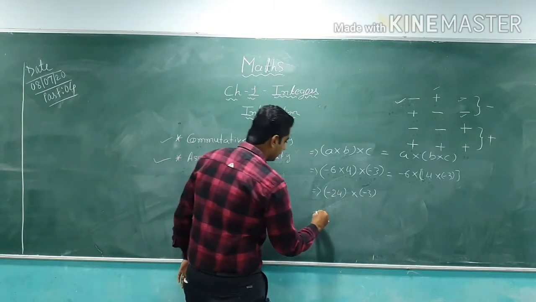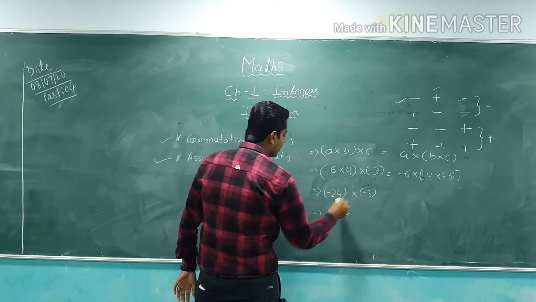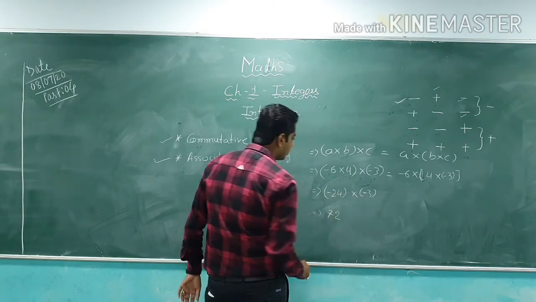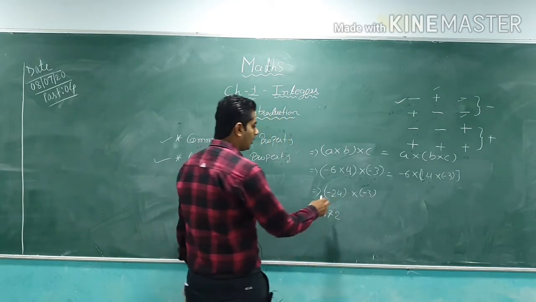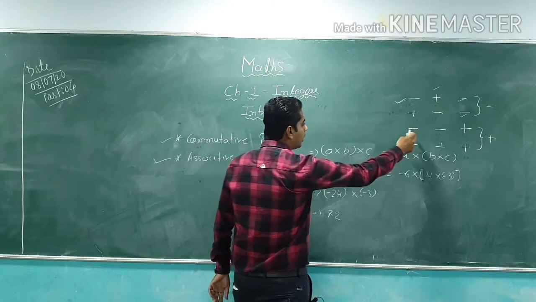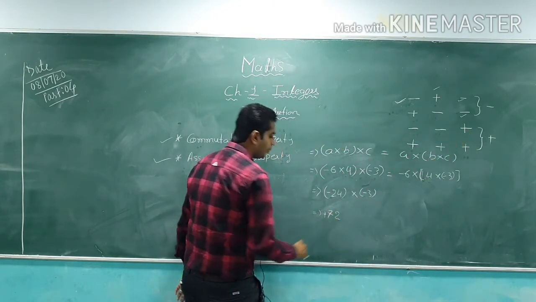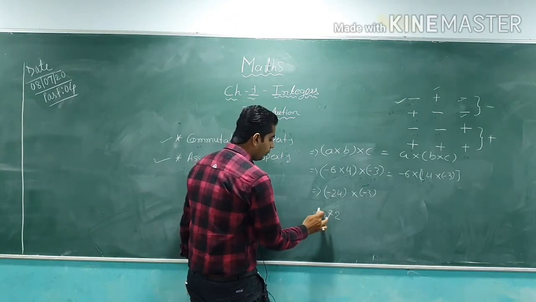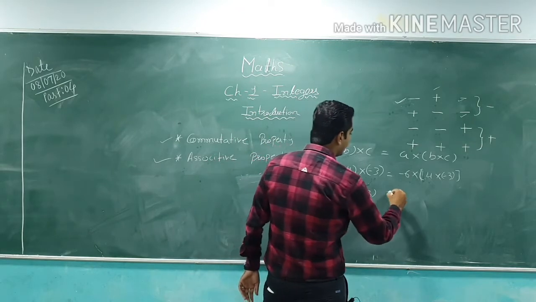So let's do this. 3 4s are 12, carry 1, 3 2s are 6 and 1 is 7. So 24 3s are 72. But what sign should I put here? Both are minus, so minus minus plus, so 72 becomes plus. If you want to write plus, you can write, or if you don't want to write plus, that's okay. So on the left side we got 72.